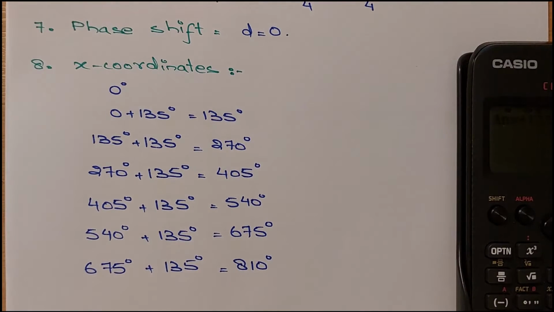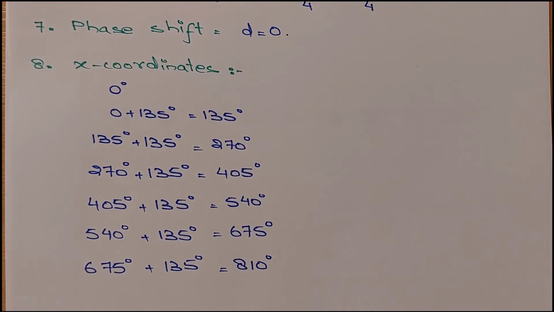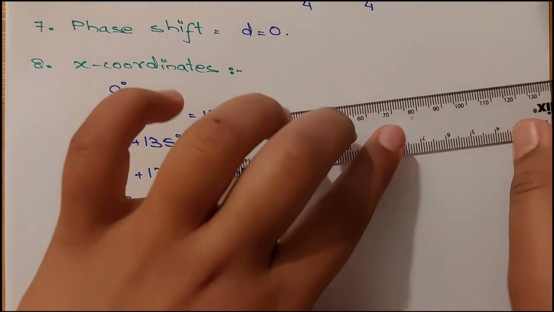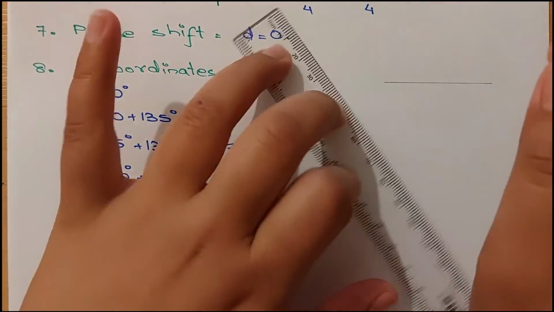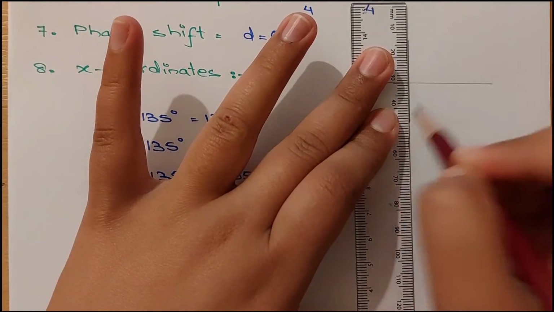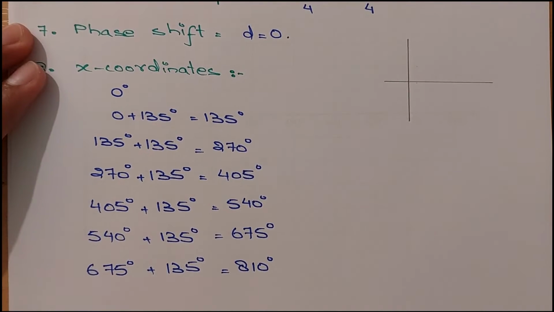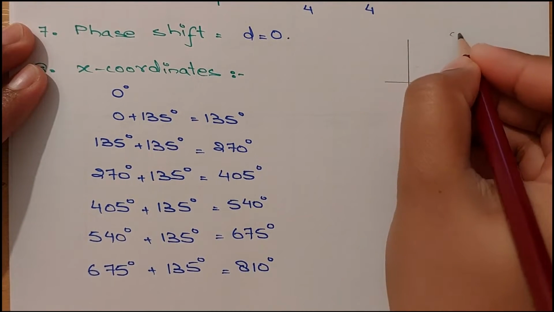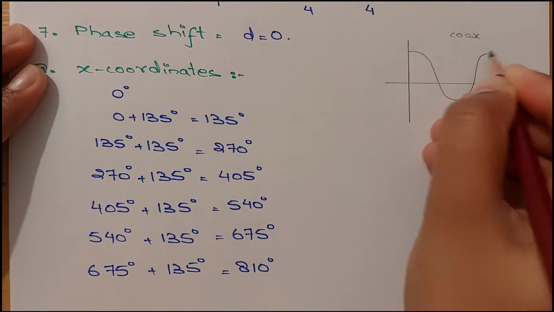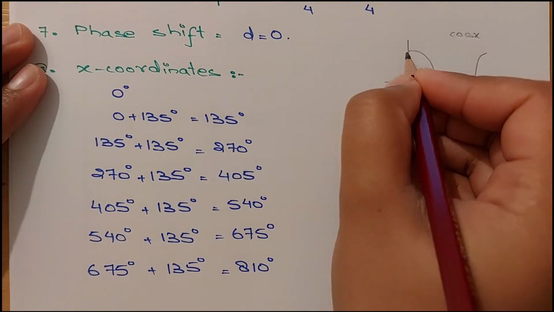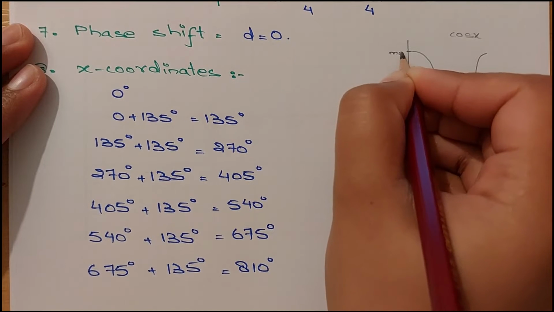Now what are the y coordinates? Let me explain how to get them. If I draw the curve here, this is a cosine curve, and the curve of cos x always starts with the maximum point. This point is the maximum.